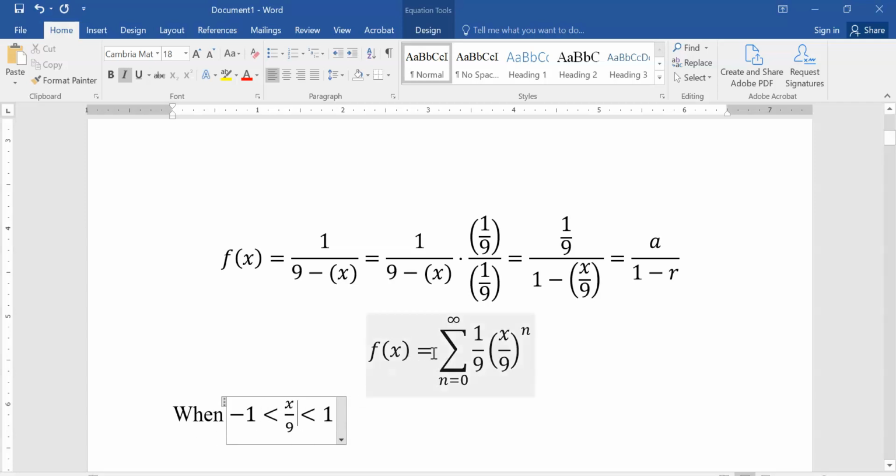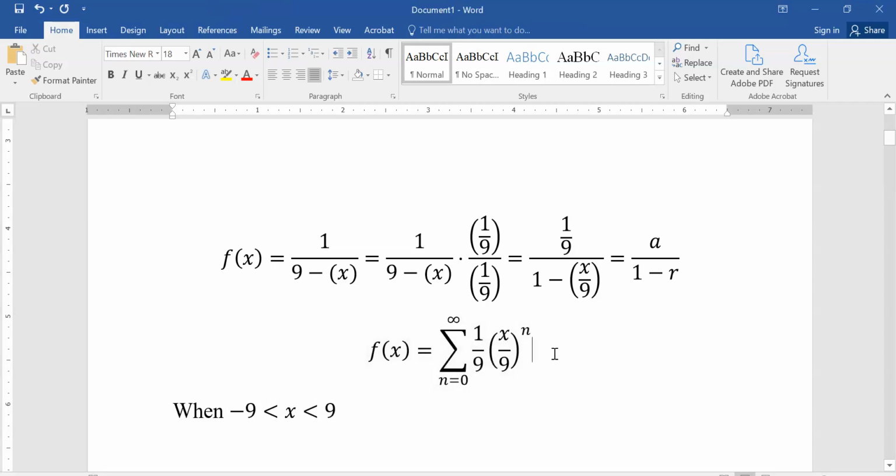So this function is equal to this power series for any value of x between -9 and 9. All right? So anywhere where this converges, it's going to be equal to the function. And then we can utilize all the stuff we know about power series as we like for this f of x.